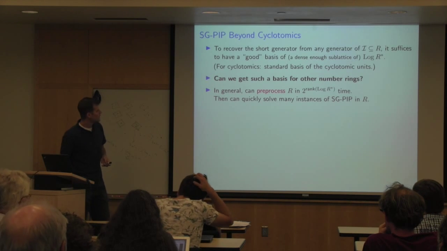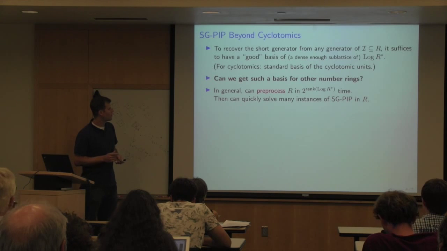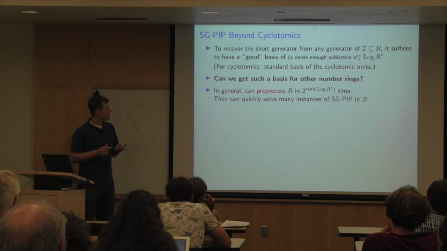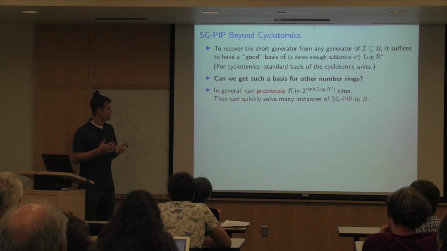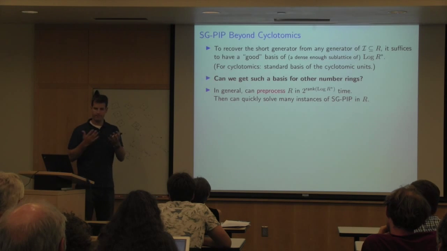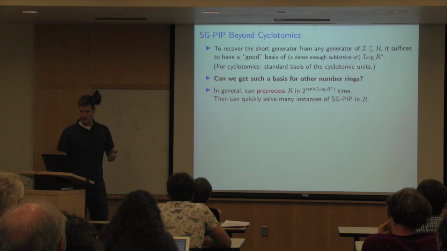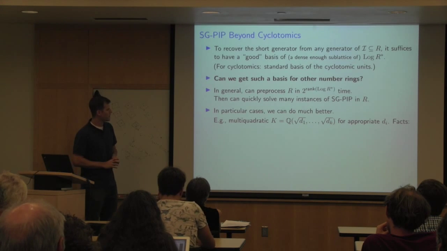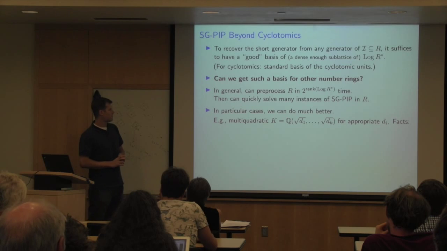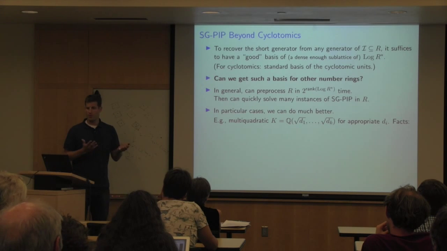But typically in crypto, as I was saying, the ring is somehow fixed and special in some way. It's not like some arbitrary number field. Usually we fix some rings that we like and then work in those. So in such particular cases, you can indeed do better or even much better.